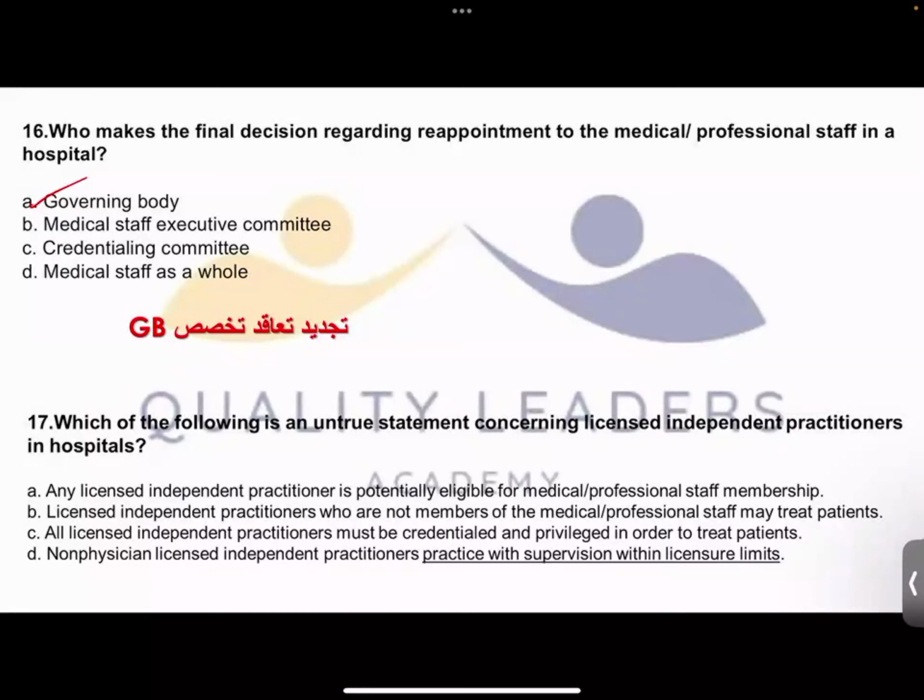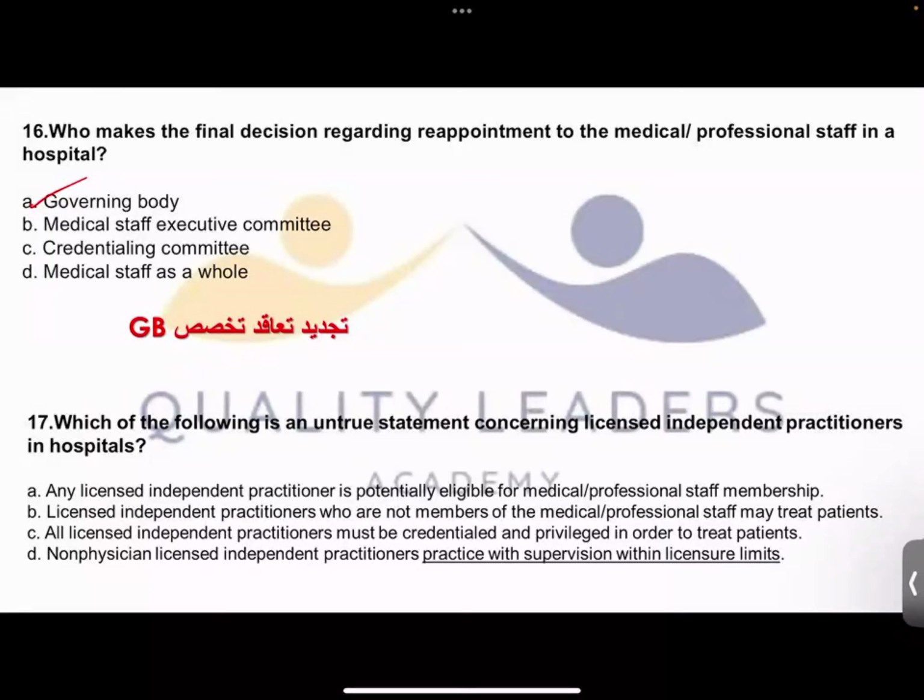Why letter D, the answer here? This statement is untrue because non-physician licensed independent practitioners, such as nurse practitioners and physician assistants, are generally licensed to practice independently within the scope of their licensure. They are typically not required to practice under supervision within their licensure limits.